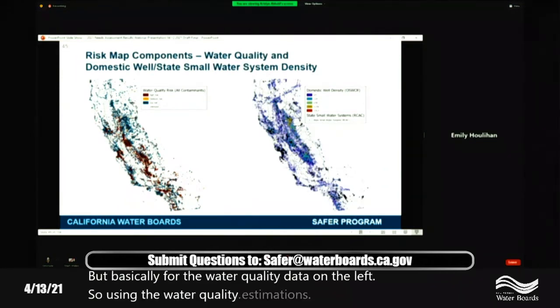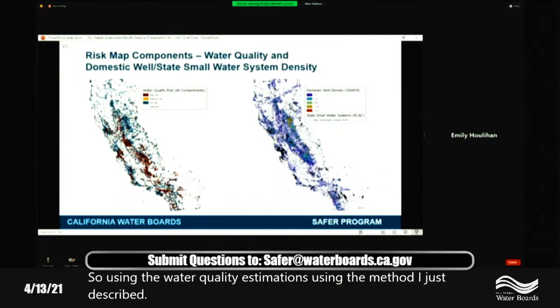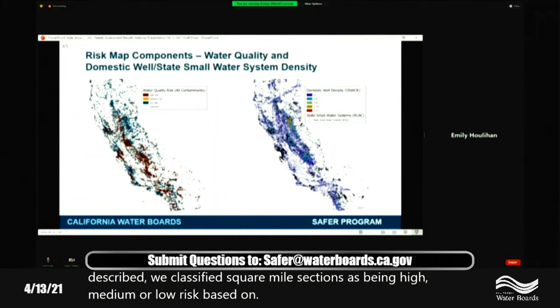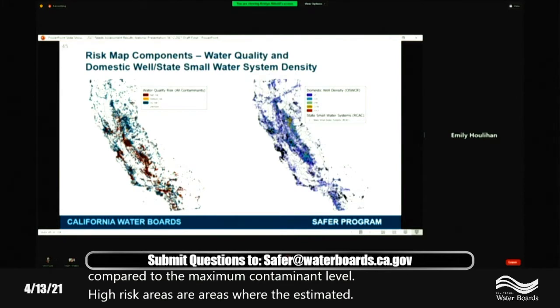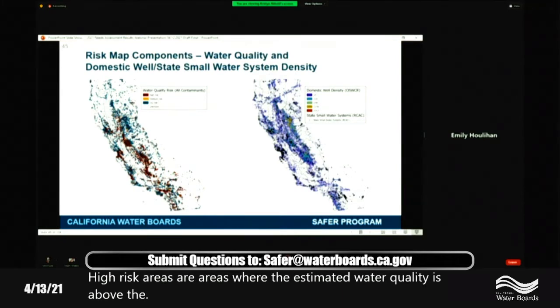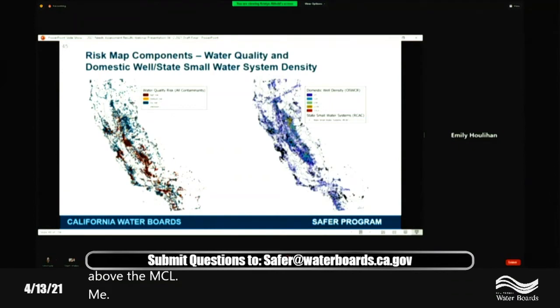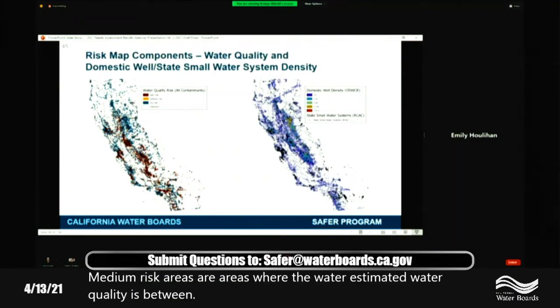But basically for the water quality data on the left, using the water quality estimations, using the method I just described, we classified square mile sections as being high, medium, or low risk based on the estimated water quality compared to the maximum contaminant level. High risk areas are areas where the estimated water quality is above the MCL. Medium risk areas are areas where the estimated water quality is between 80 to 100% of the MCL.